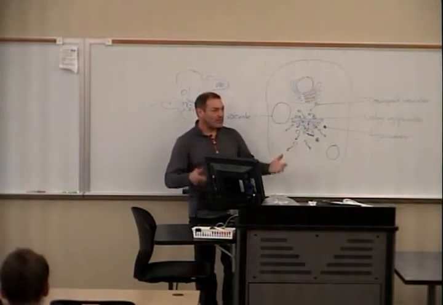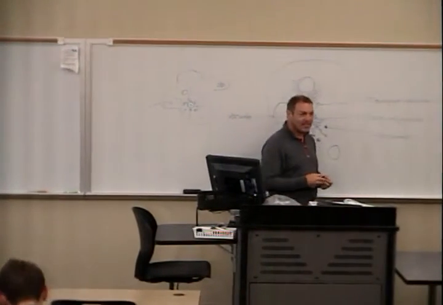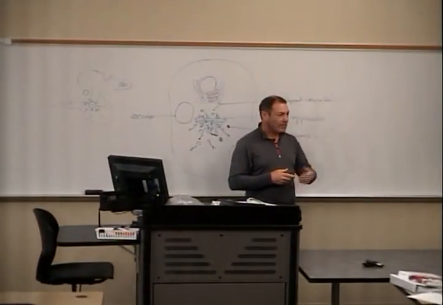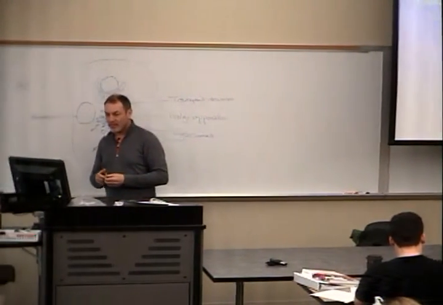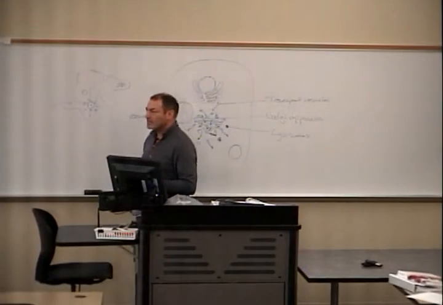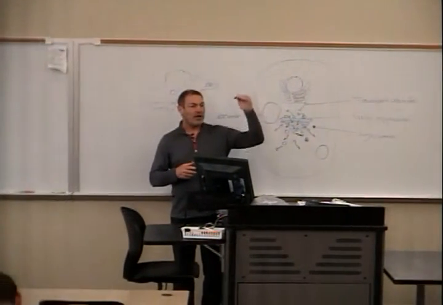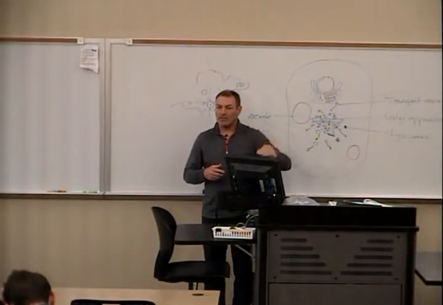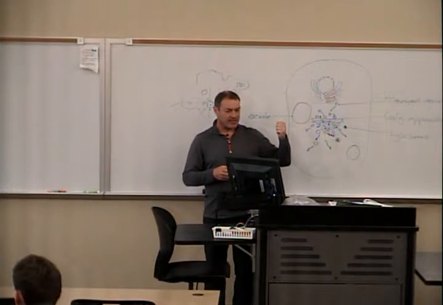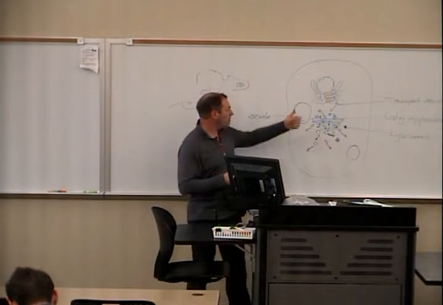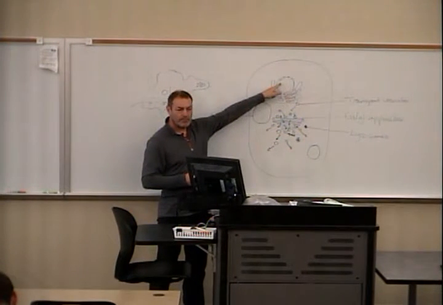So now I just want to introduce you to the endomembrane system. Endo means inside, membrane, you know what membranes are, the endomembrane system. So the endomembrane system consists of these cell parts that we've already talked about. It consists of the nuclear envelope. Well, there's our nuclear envelope.